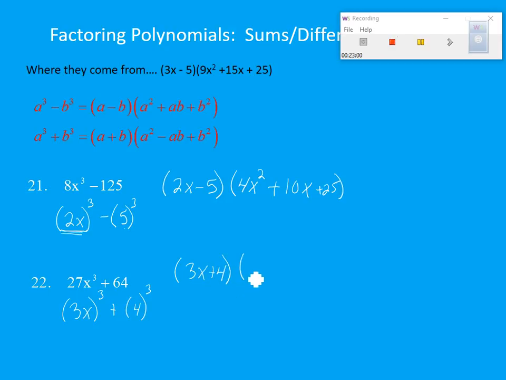My trinomial becomes that first term squared, 9x squared. I have a plus here, so I got a minus there. 12x plus, last term squared, 16. You'll know you're right if this is almost the perfect square trinomial of that. I'm just off right there in the middle.